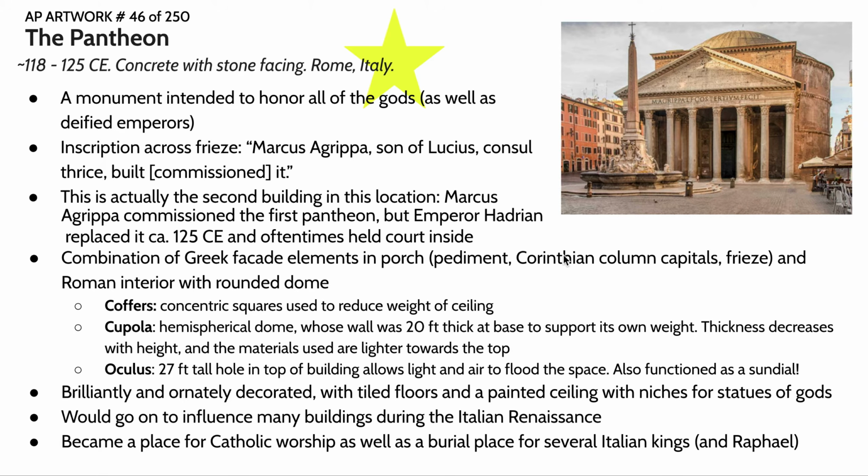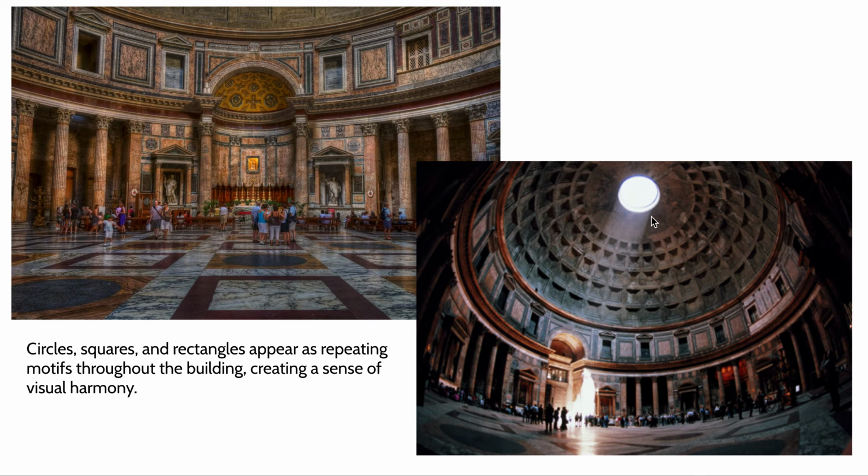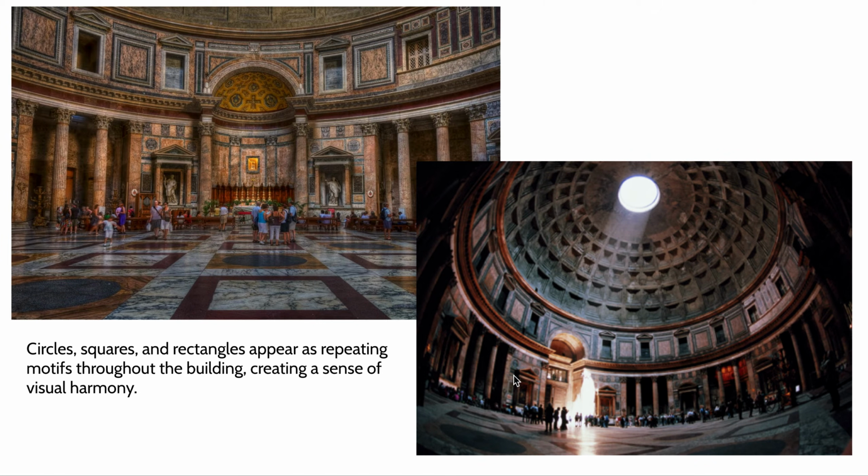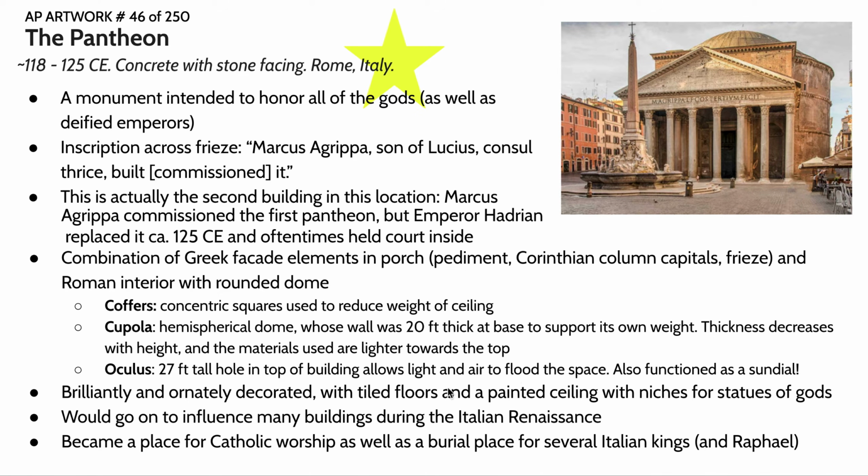Remember that this dome doesn't really have exterior windows except for these tiny little windows on the side here. So this is the primary light source inside of the building. What's super cool is that it also actually functions as a sundial, so you can actually tell the time by the position of the light spot inside of the building. It also allowed air to flood the space.